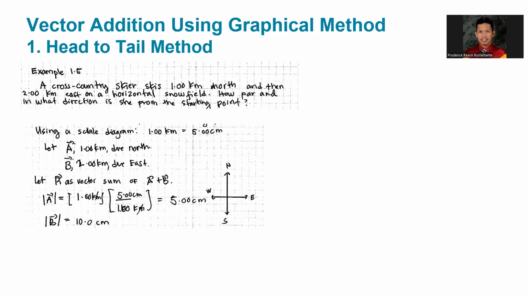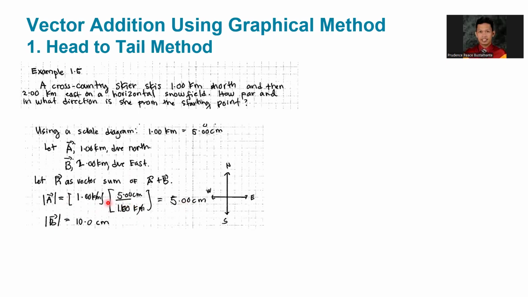So we let the vector A be the 1.0 kilometer due north and vector B be 2.0 kilometers due east. And we let R be the vector sum of A plus B. So if we are going to convert 1 kilometer using our scale, the 1 kilometer would become 5 centimeters.